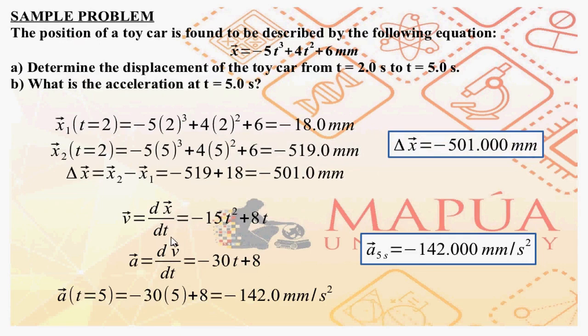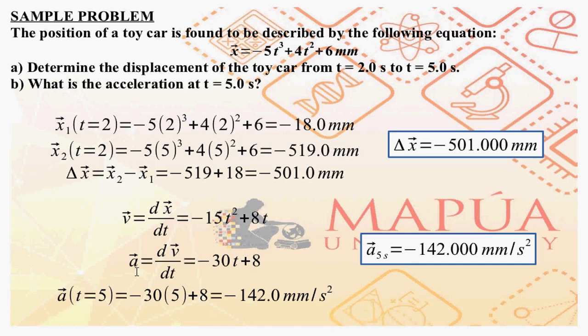We get negative 15t squared plus 8t. Now that we have the equation for velocity, if we differentiate v with respect to time, we get acceleration. Differentiating negative 15t squared plus 8t with respect to time, we get negative 30t plus 8, the equation for acceleration.